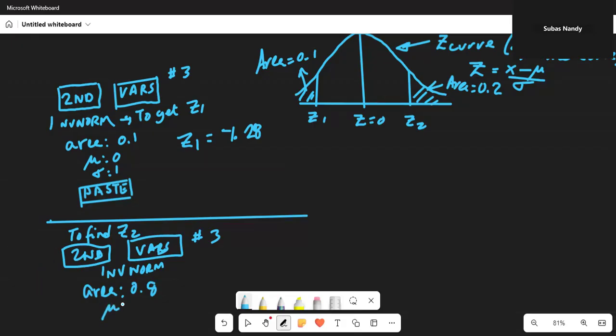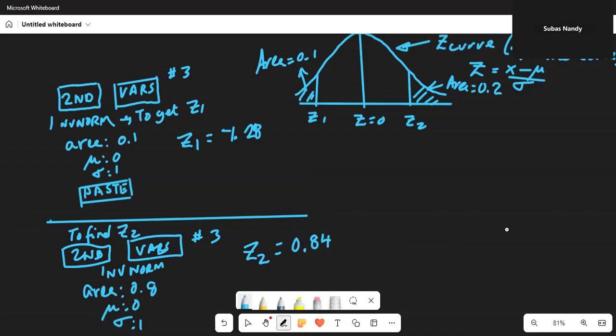And same, mu is 0, sigma is 1. And then we do paste and Z2 works out to 1.64. No, let's make sure: second VARS 3, and then 0.8, paste and enter, it's 0.8416. So let's take it as 0.84.